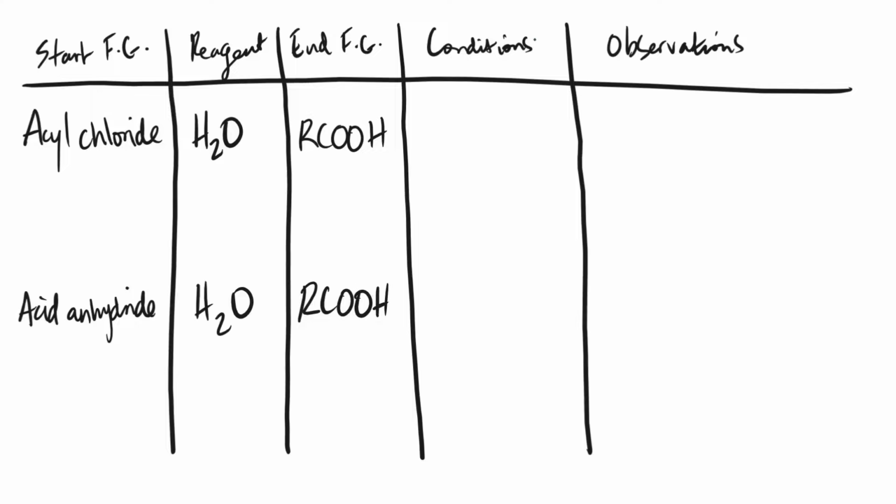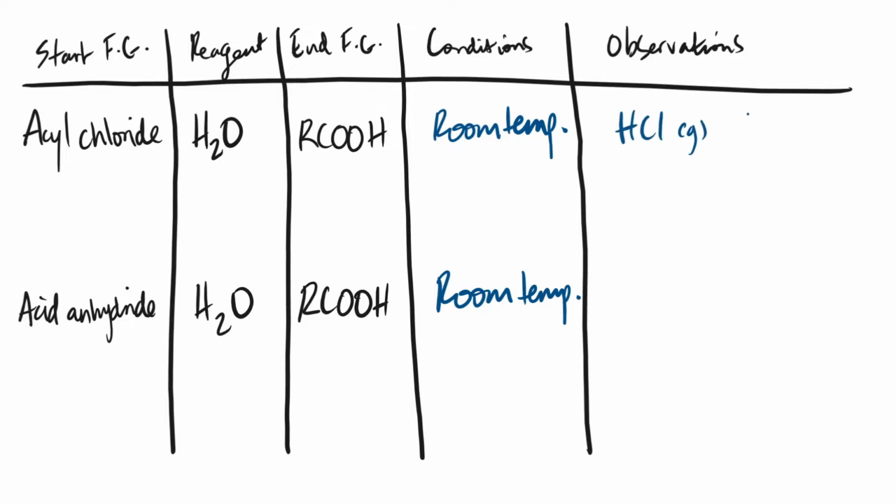So what is our condition going to be here? Our condition is going to be room temperature, okay, and that does not change for all 4 of these reactions. So the reaction with water, alcohol, ammonia, and primary amine, none of these conditions change. It's going to be room temp the whole time. Okay, and what is the observation here? So the observation difference with water for the acyl chloride is going to be hydrogen chloride gas.